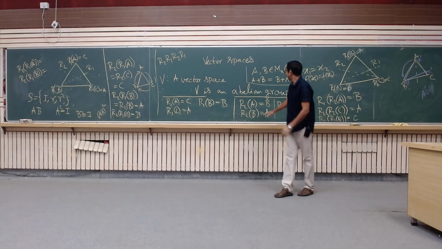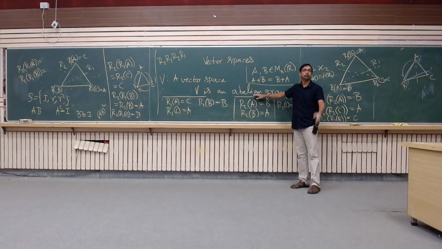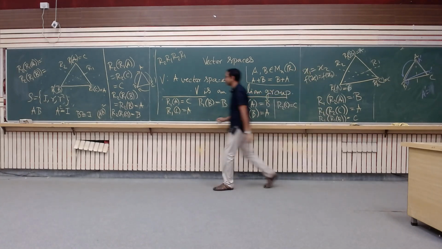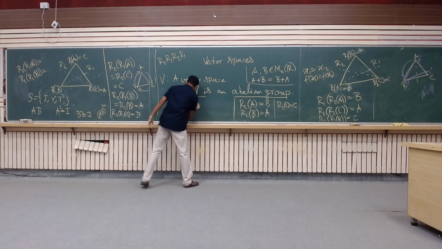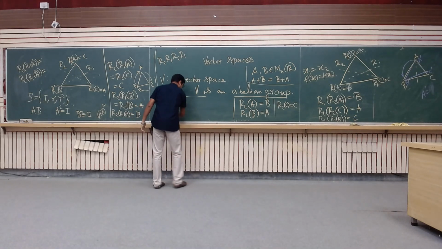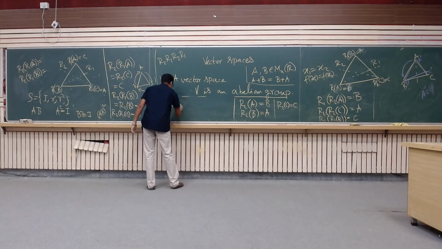But nevertheless, at least I hope it is clear to you, Ashish, what is an abelian group in which the operation is commutative. And a vector space is not just an abelian group. Let me write down the other defining property, that is scalar multiplication.